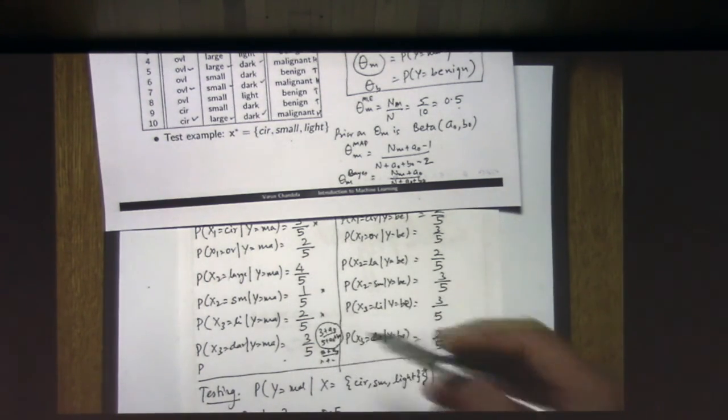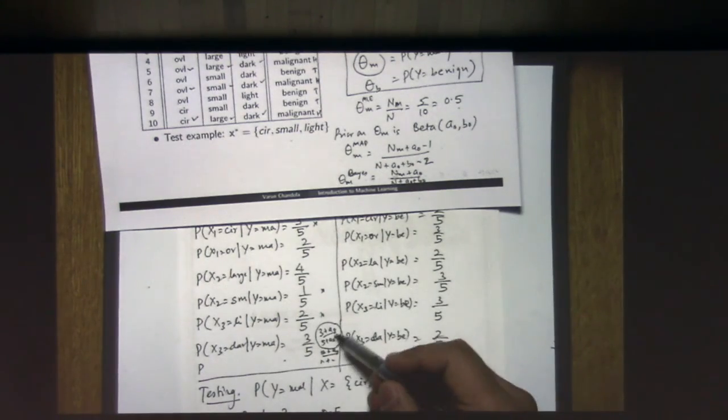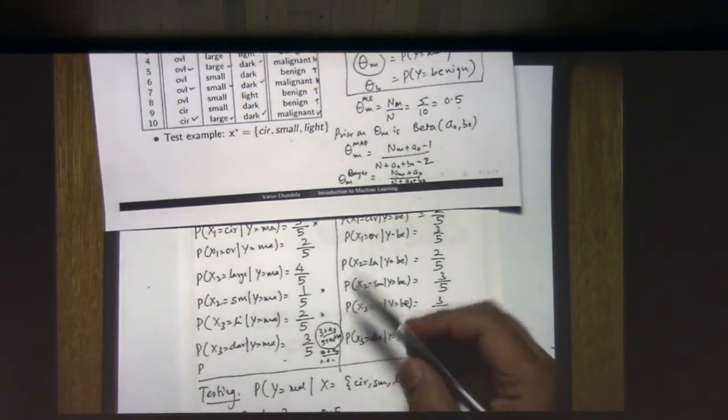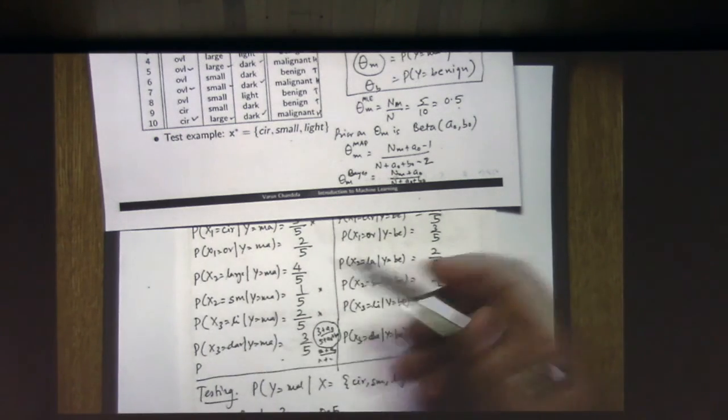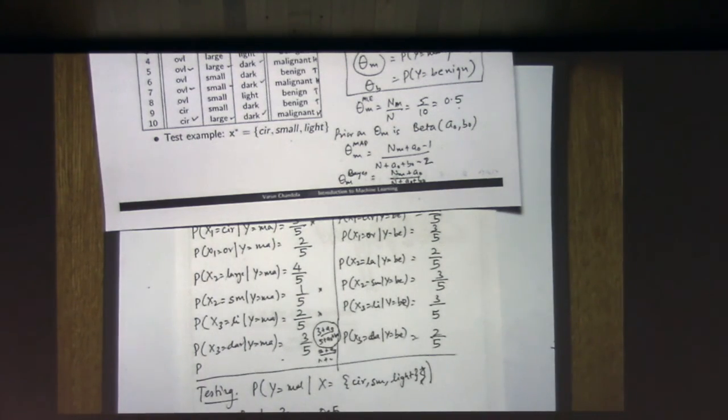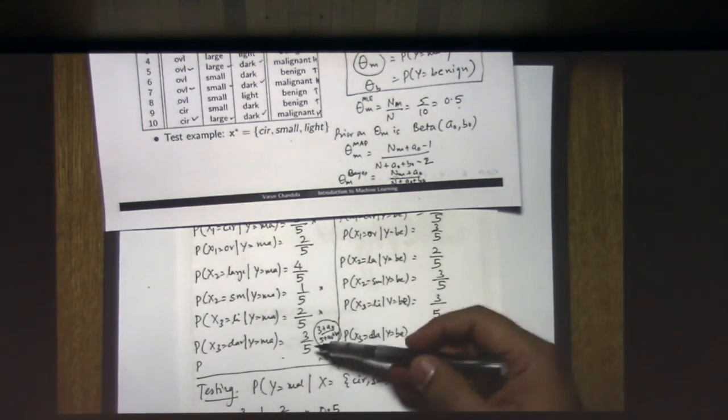But as your data becomes very large, the effect of these would become very small because these numbers will become very large. So as the data grows, the impact of the prior would go down. But in the beginning, the benefit of having a prior is that it will help you account for these fringe cases where you do not see any data at all.